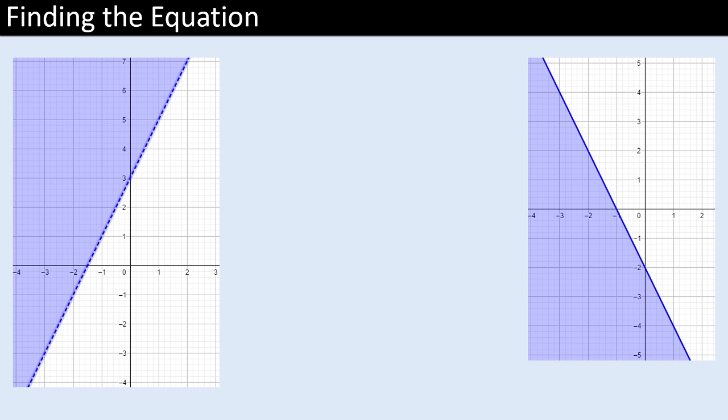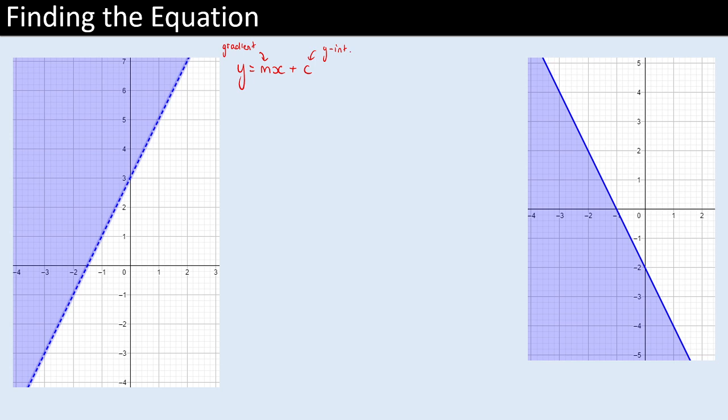Okay, so I'm going to go through the first one. We need to know what the equation of our straight line will be. It'll be in the form y equals mx plus c, where m is our gradient and c is our y-intercept.